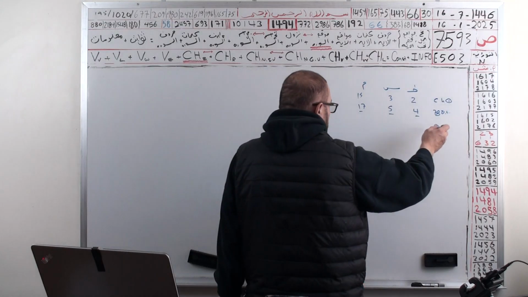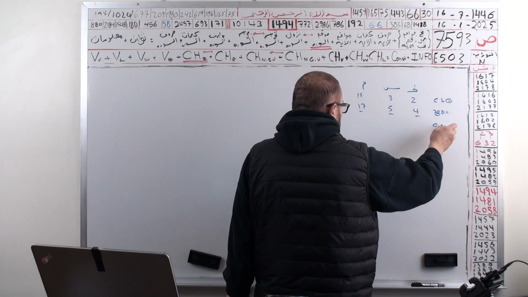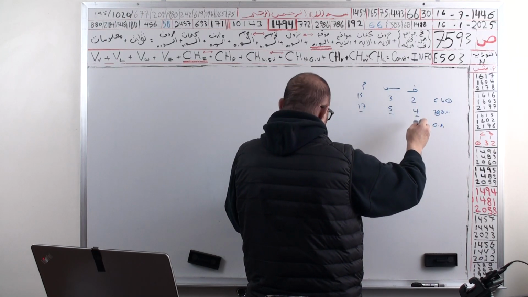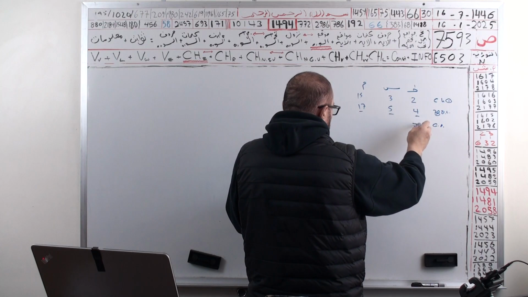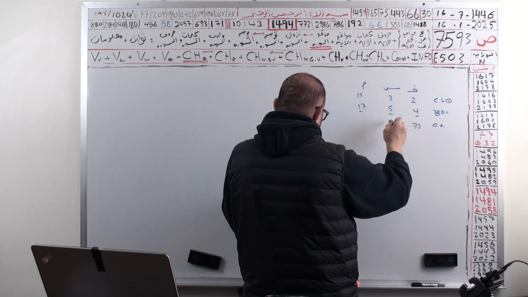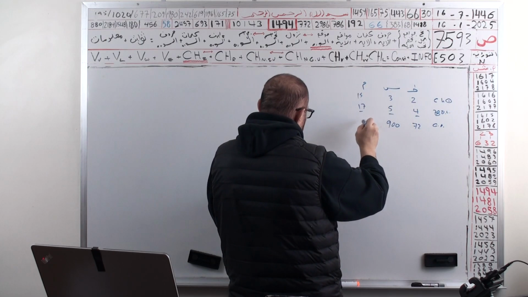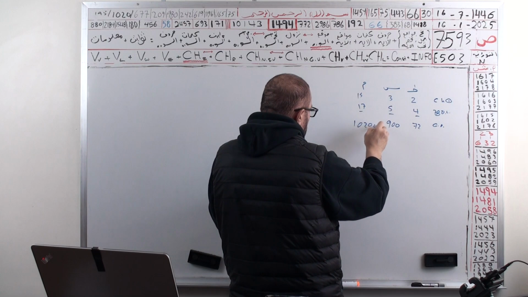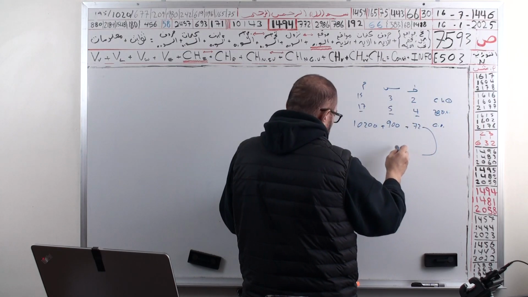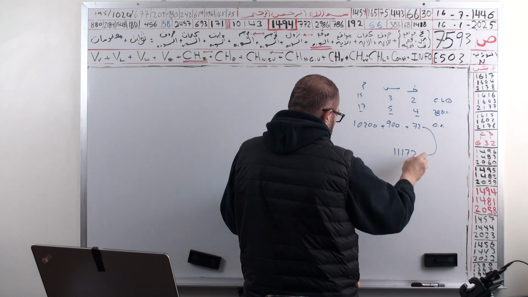Okay, geometrical value. Geometrical value repeated: 2 times 4, 8 times 9, 72. 3 times 5, 15 times 60, 900. 15 times 17 times 40, 10,200. Add up these 3 numbers and you come up with 11,172.